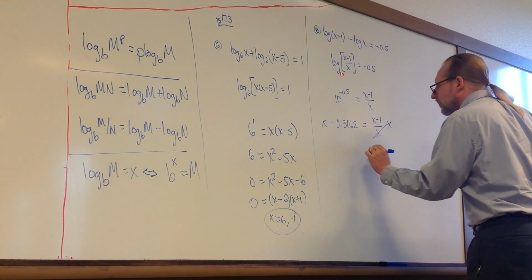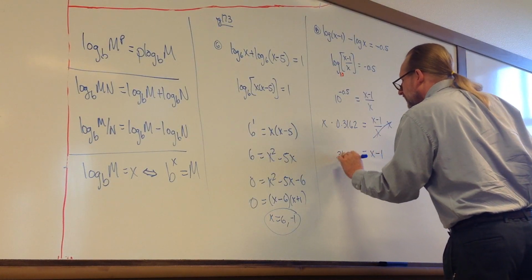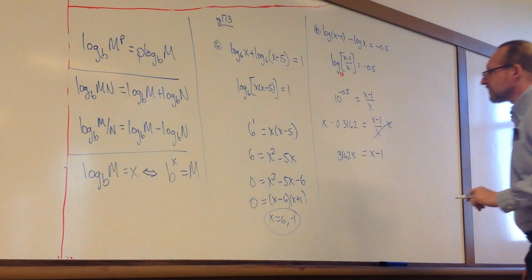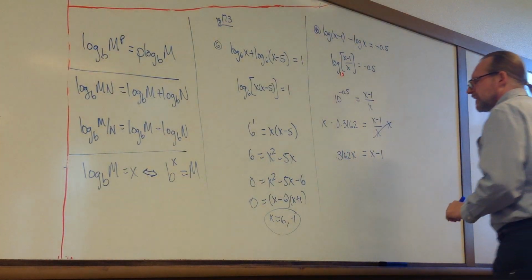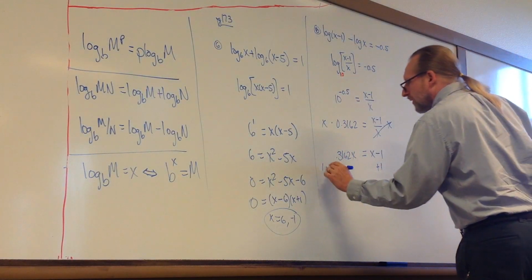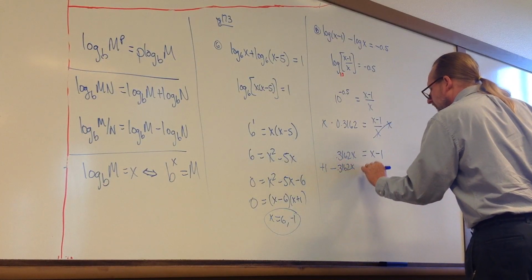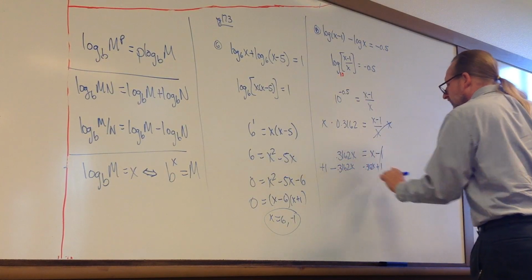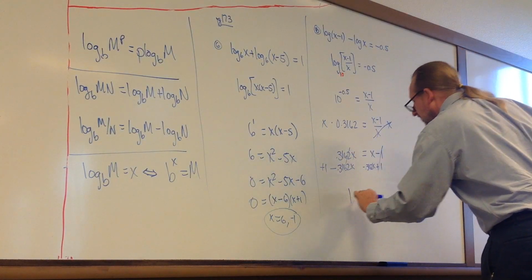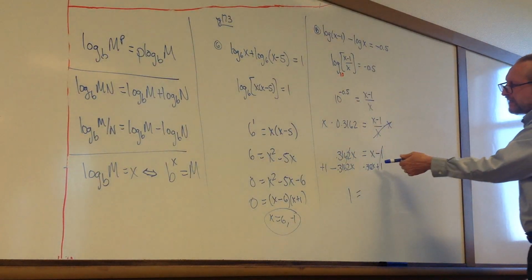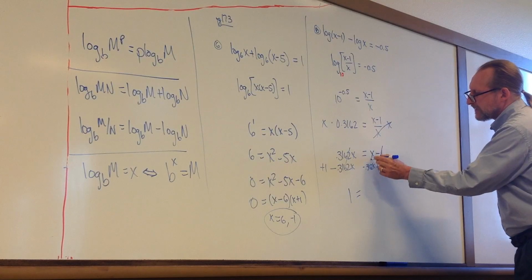So x minus 1 equals 0.3162x. I'm going to add this 1 over here and subtract this 0.3162x, so those cancel out. There's a positive 1. So right here, don't forget your basic algebra.